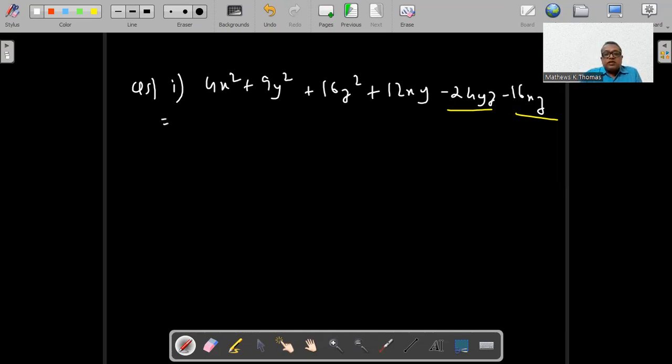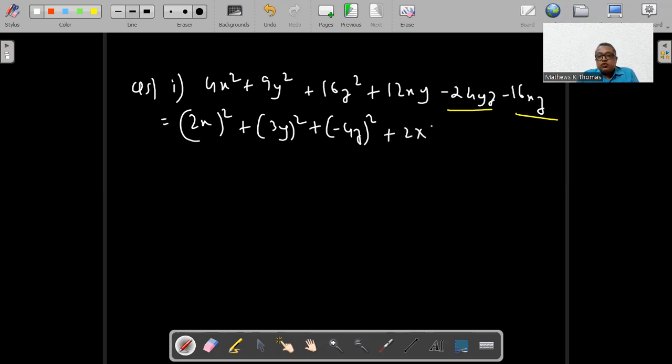So I'm going to rewrite this as (2x) whole square, (3y) whole square, and here z is the common alphabet for the negative term, so I'm going to write it as minus (4z) whole square. This is the important part here. Minus (4z) whole square, because 16 is 4 square, but negative because there is a negative term here and a negative term here. The common alphabet is z.